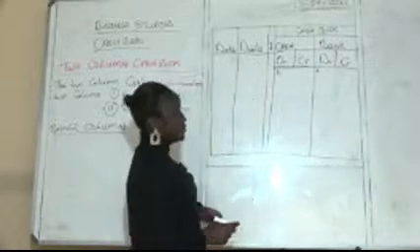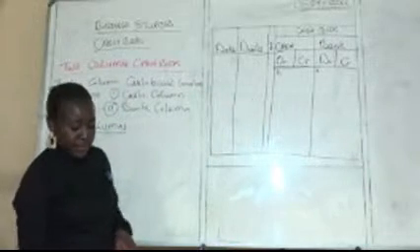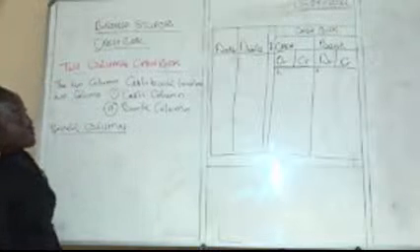So this is how a cash book is supposed to appear. It resembles that of a ledger.